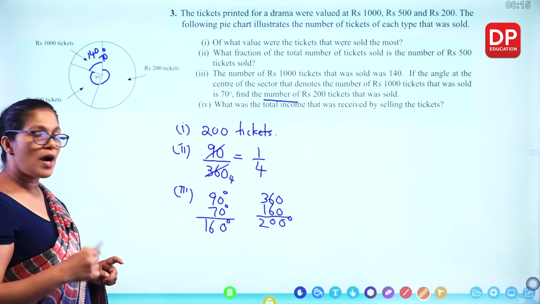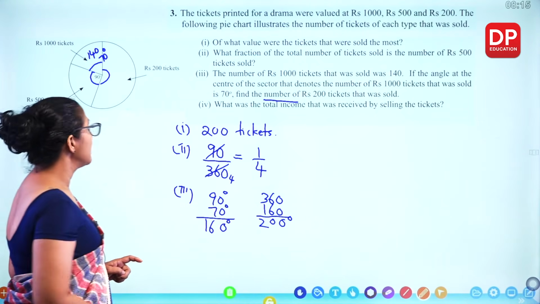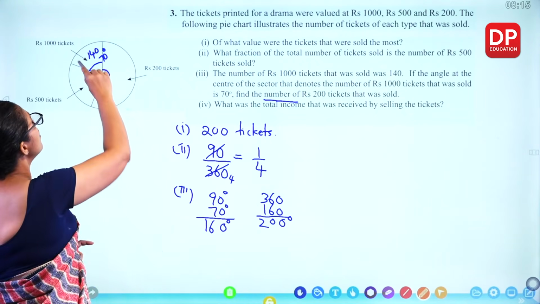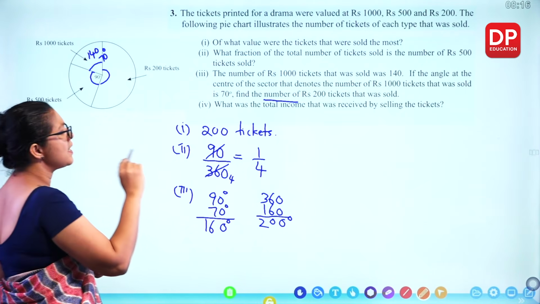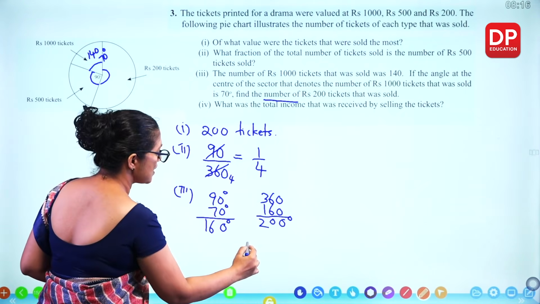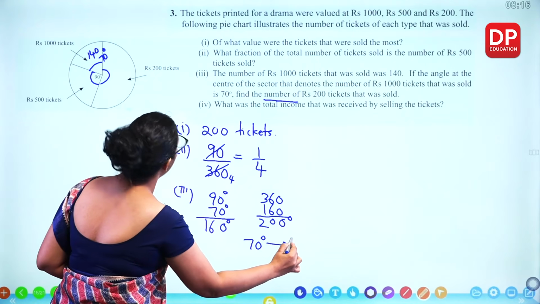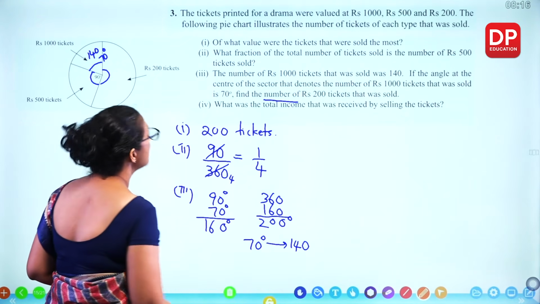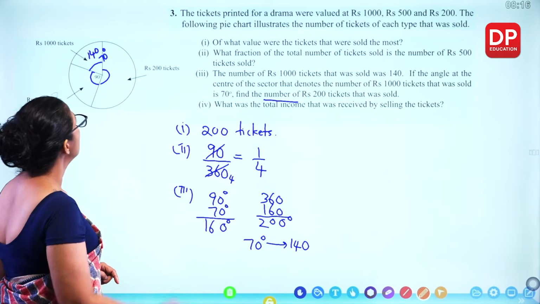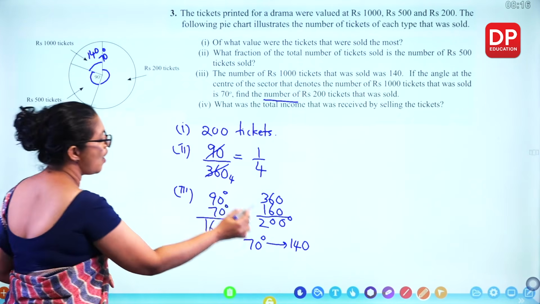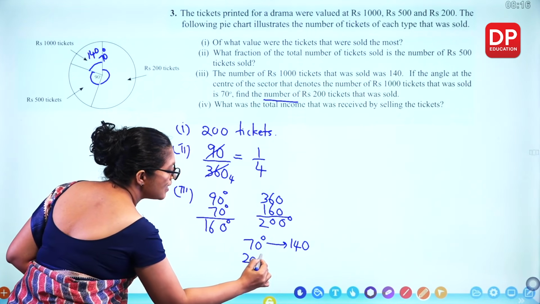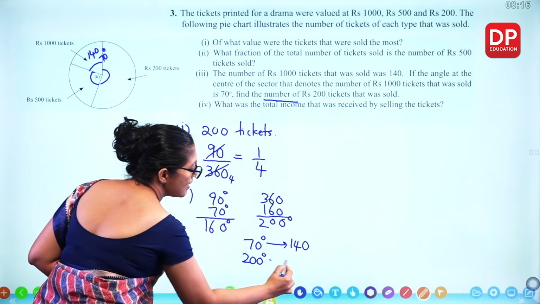Now we know 200 degrees for this one. And also using this information we can say, third part, 70 degrees represent 140 tickets. Then we need to find out for the 200 degree angle.